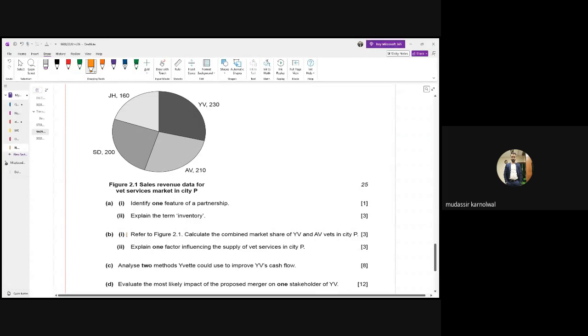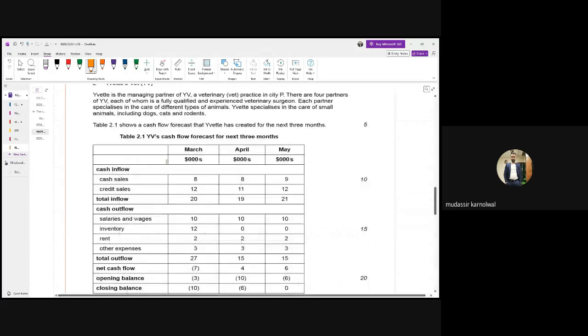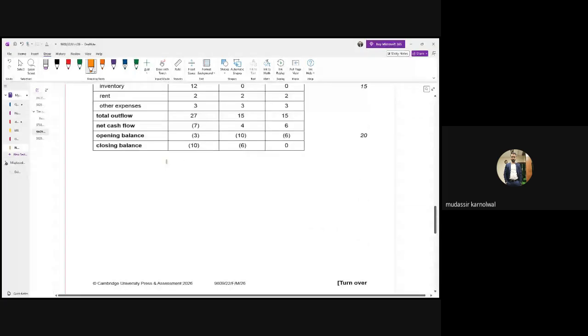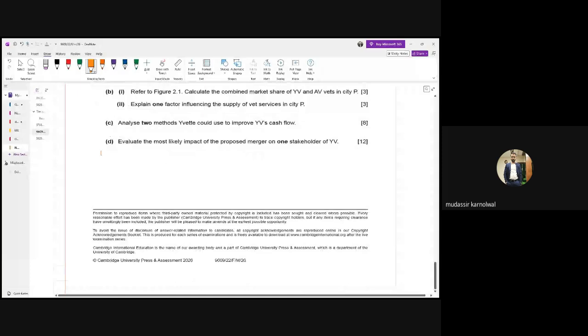Then, analyze two methods they could use to improve cash flow. We can see that there are negative balances. So what can be the methods to improve the cash flow? They can reduce outflows by delaying the inventory purchases.